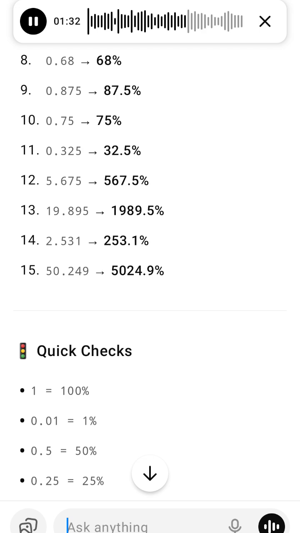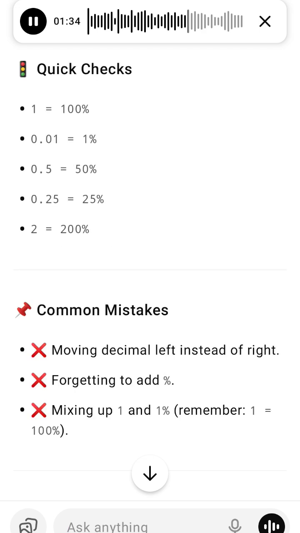Quick checks: 1 equals 100%, 0.01 equals 1%, 0.5 equals 50%, 0.25 equals 25%.